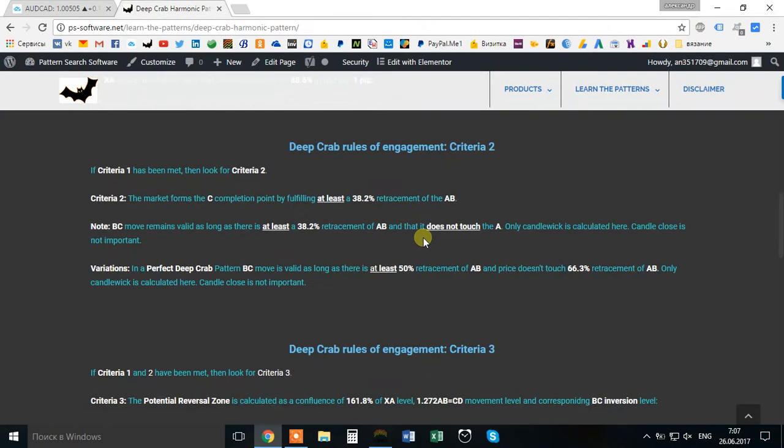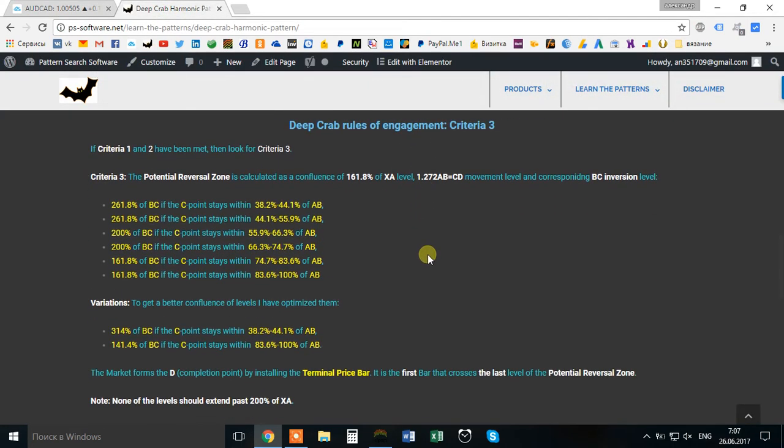Okay, and criteria number 3 is to build up a potential reversal zone. The potential reversal zone is explained here. It should contain these levels: the XA extension level, the 1.27 AB equals CD pattern, and the BC inversion. The BC inversion depends very much on the C point.